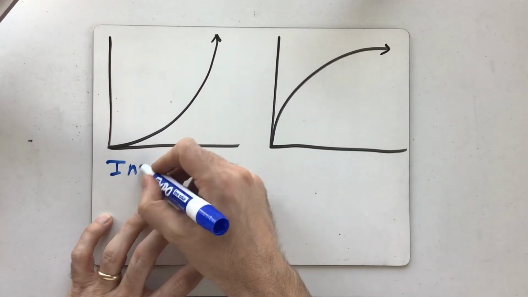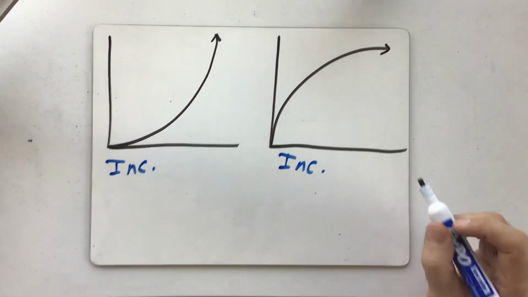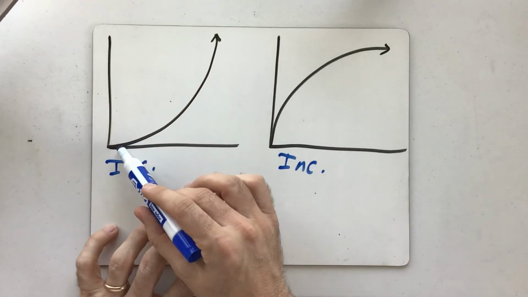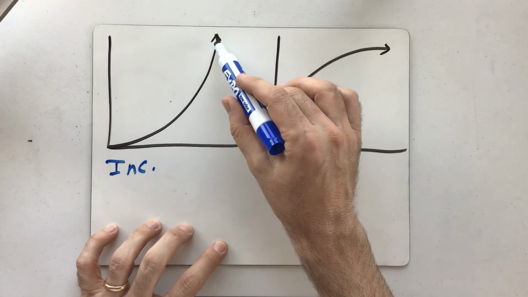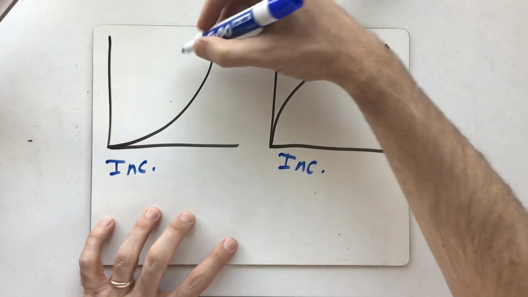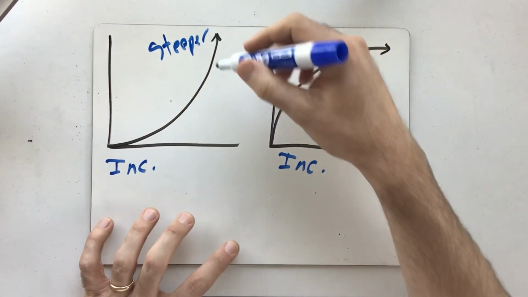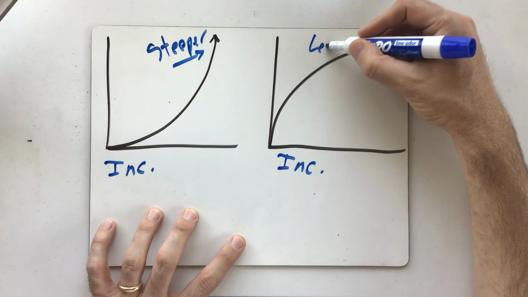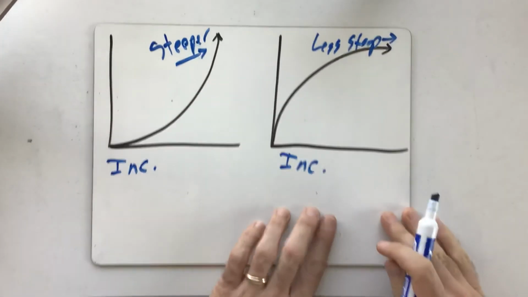So this is an increasing graph, and this is an increasing graph, but they're not increasing in the same way. Notice this graph increases, but as it increases, the slope gets steeper and steeper as we go that way, versus this one gets less steep as we go that way.